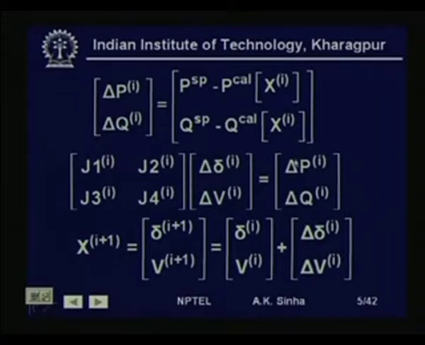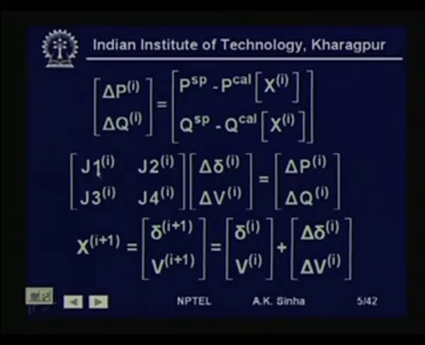So, now this calculated value is computed, and then delta P delta Q is calculated, that is put here. J 1, J 2, J 3, J 4 are computed at the ith iteration state variable values.